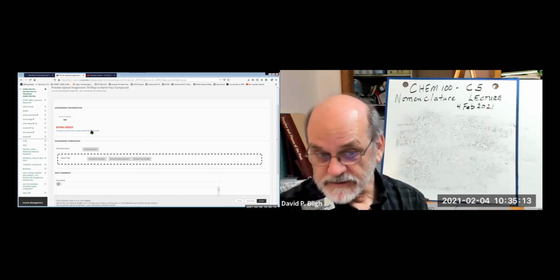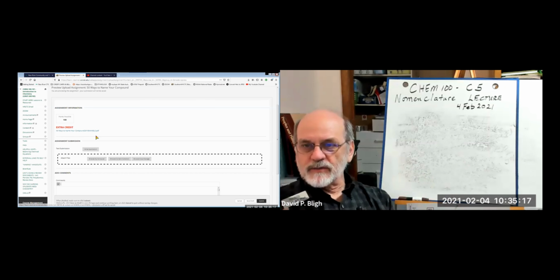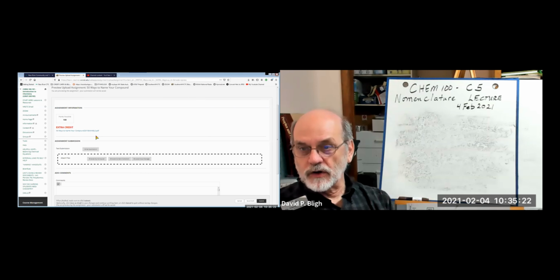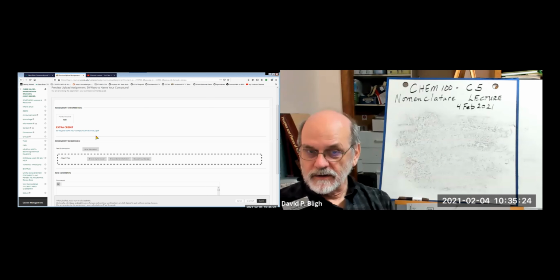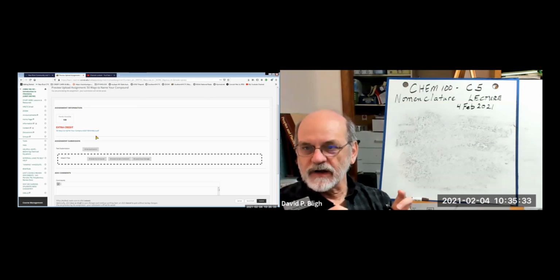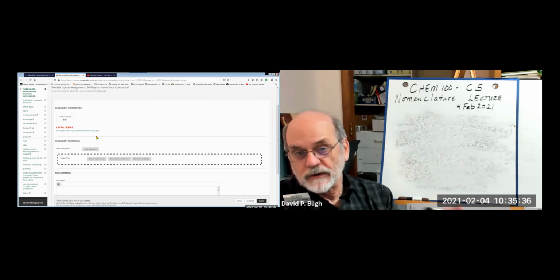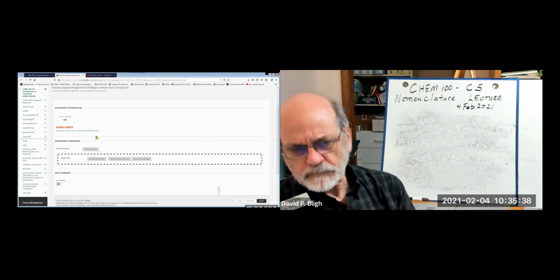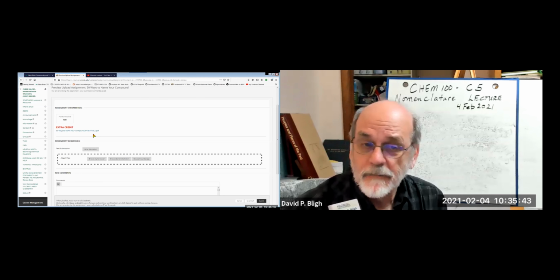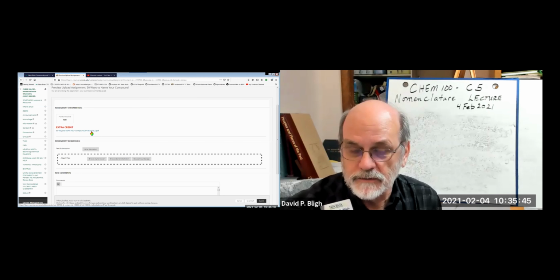This document, see it says savable right here? If you download that document to your computer and then open it with your PDF reader, then you can fill it in and save it and submit that document. You don't have to print it off and fill it out by hand, which you can do. That's fine. But if you have the capability and the desire, you can do it completely in your computer.